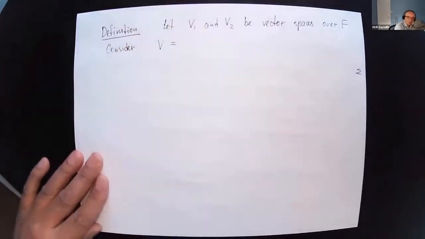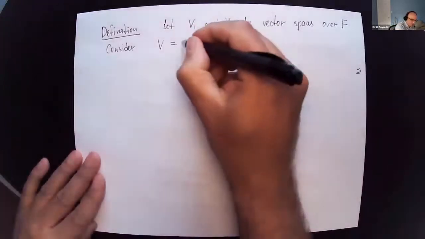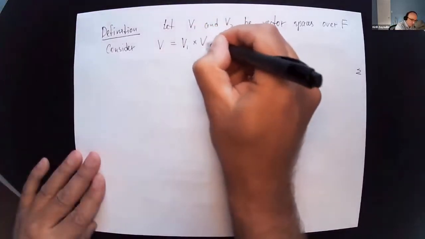We all know that given two sets, we can form their Cartesian product. Basically it's a new set which consists of pairs of elements. The first coordinate is taken from the first set and the second coordinate from the second set. So that's the so-called Cartesian product.